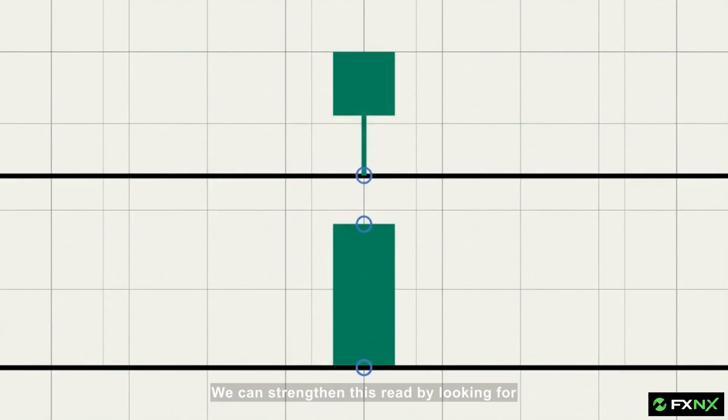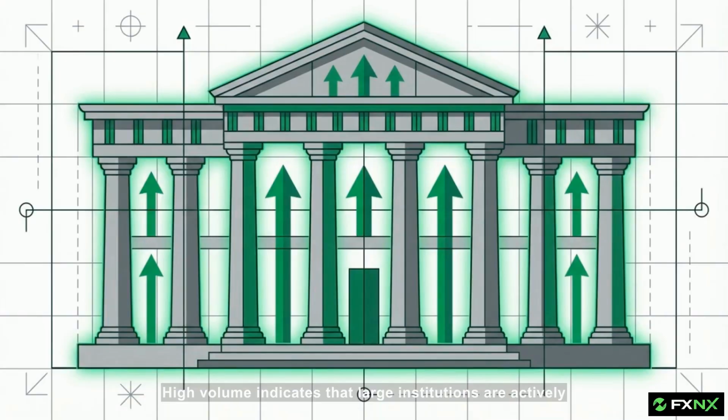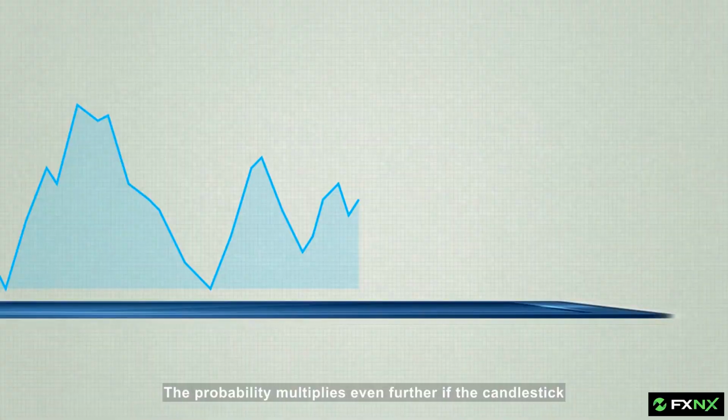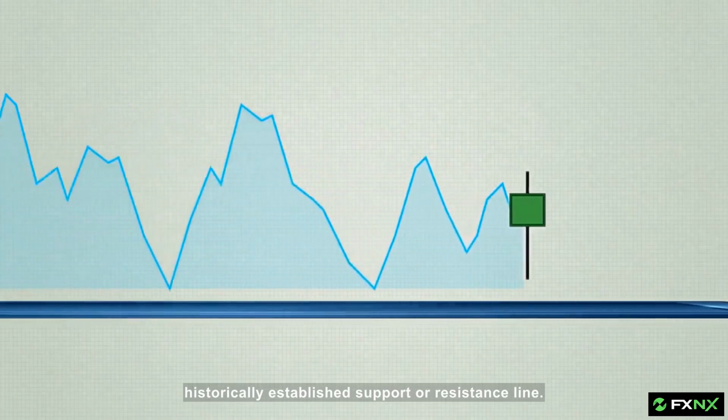We can strengthen this read by looking for confluence, which is when multiple indicators point to the same conclusion. If the appearance of this pattern is accompanied by a massive surge in trading volume, its validity spikes. High volume indicates that large institutions are actively participating in the price rejection. The probability multiplies even further if the candlestick physically rests upon a historically established support or resistance line.